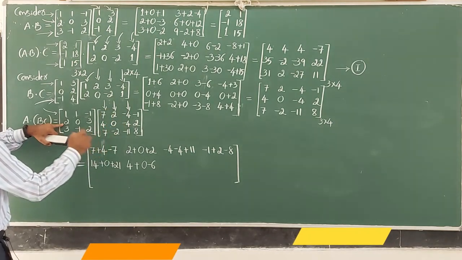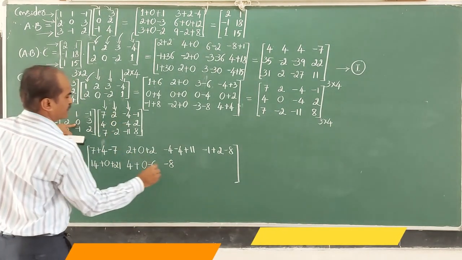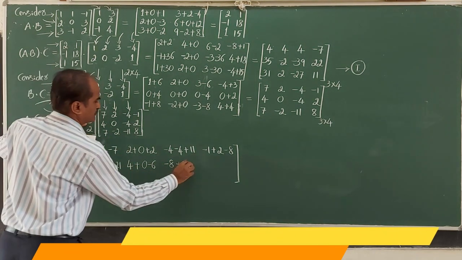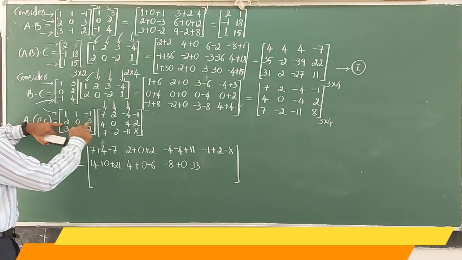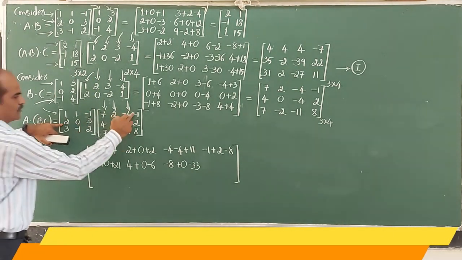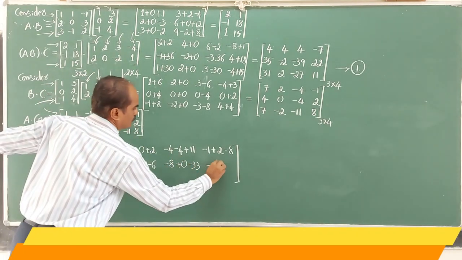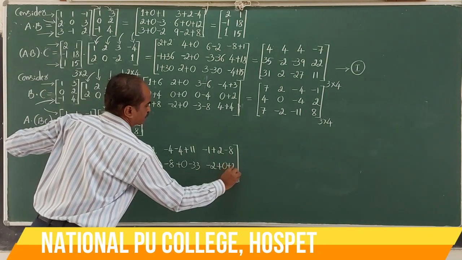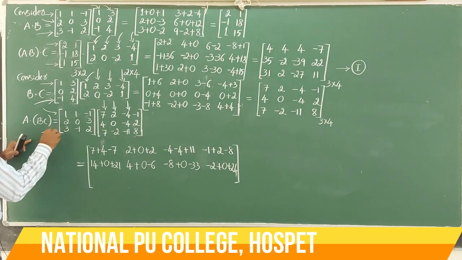Second row, third column: 2 into minus 4, minus 8, plus 0 into minus 4, 0, plus 3 into minus 11, minus 33. Next, second row, fourth column: 2 into minus 1, minus 2, 0 into 2, 0, plus 3 into 8. That is 24.